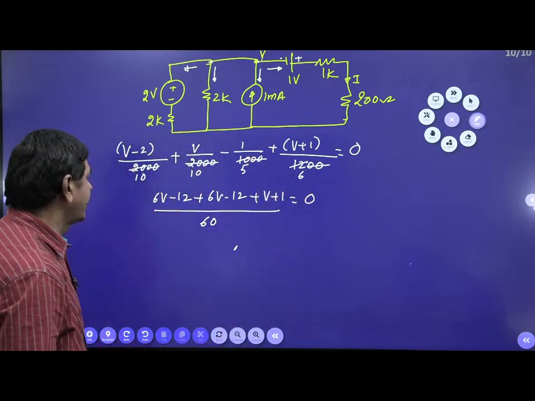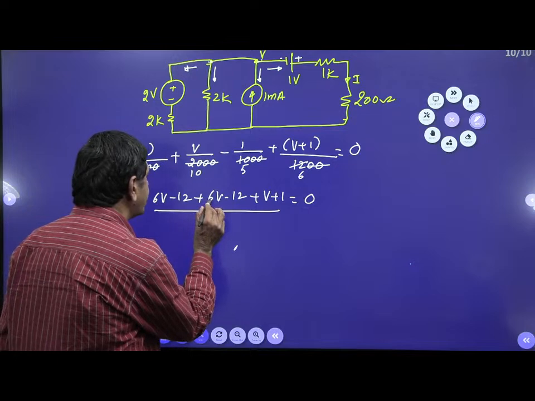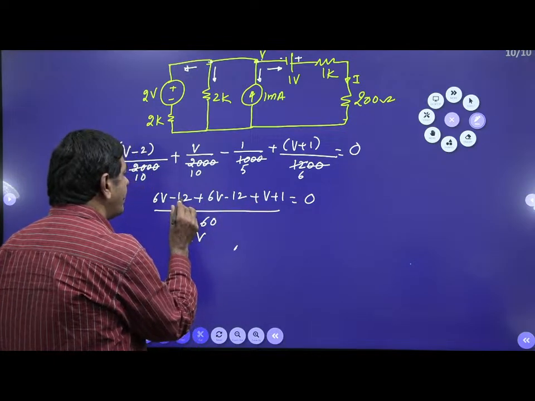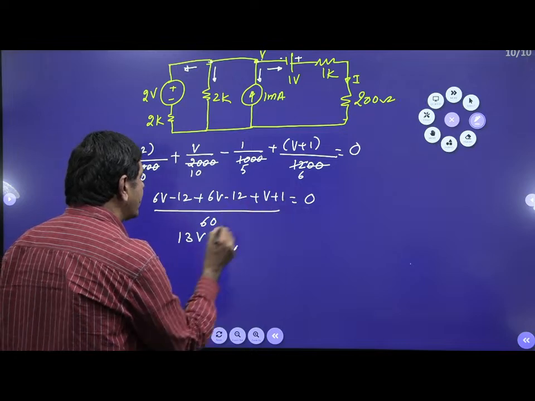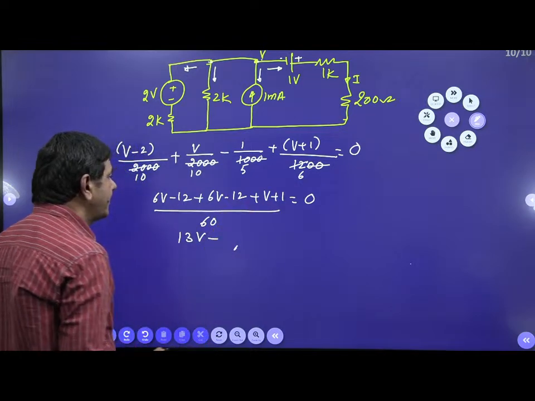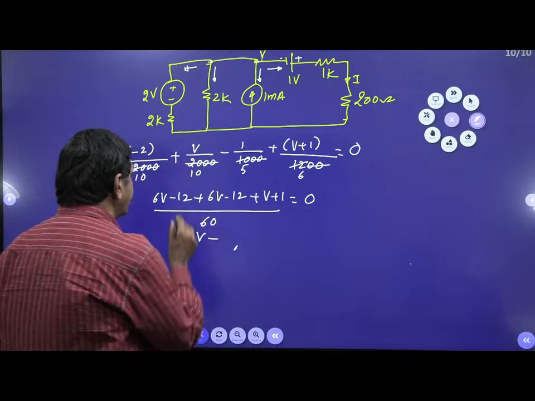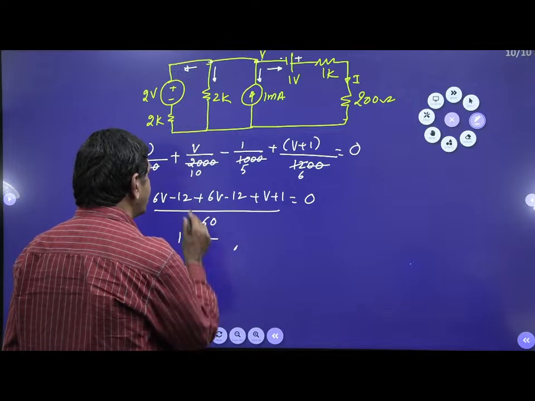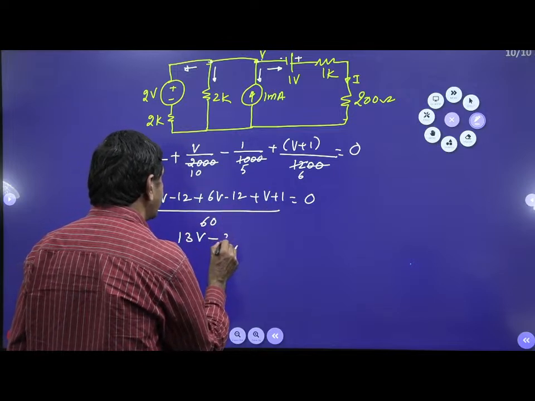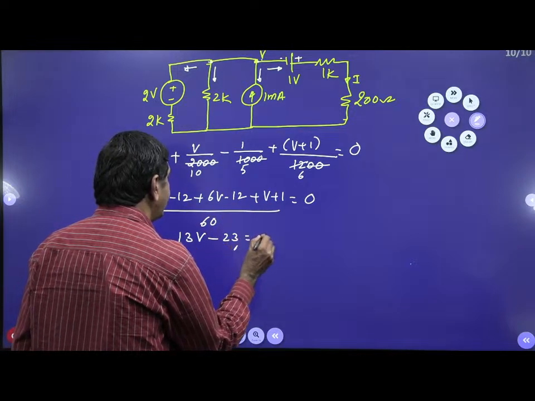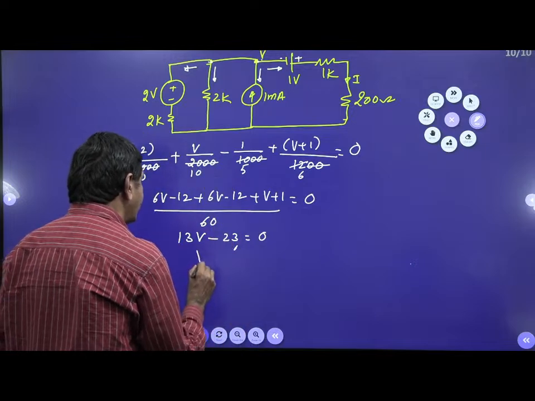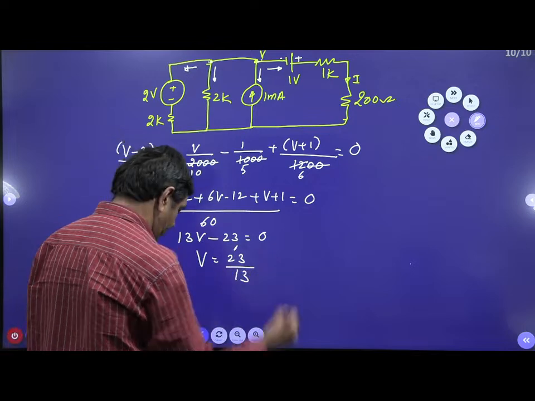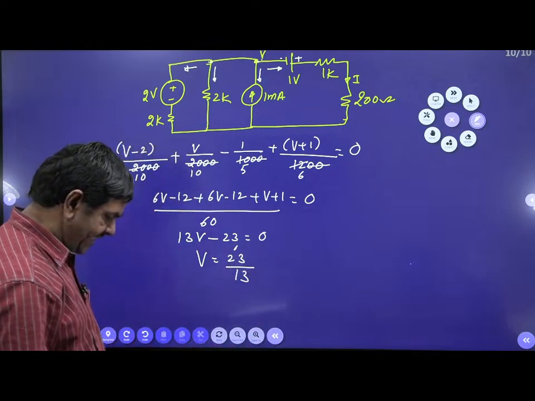On simplification, what will I get? 6V plus 6V is 12, plus 1 gives 13V. Minus 14 plus 1... I am getting minus 12, minus 12, minus 24, minus 24 plus 1, minus 23. That equals 0. Finally V equals 23 by 13.